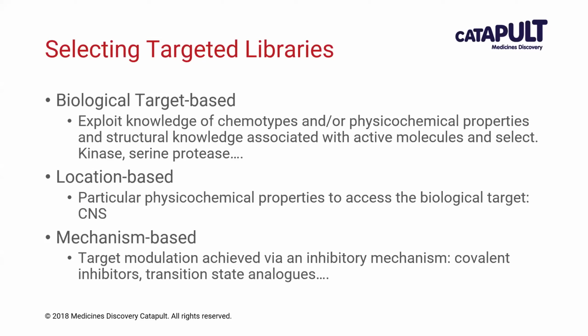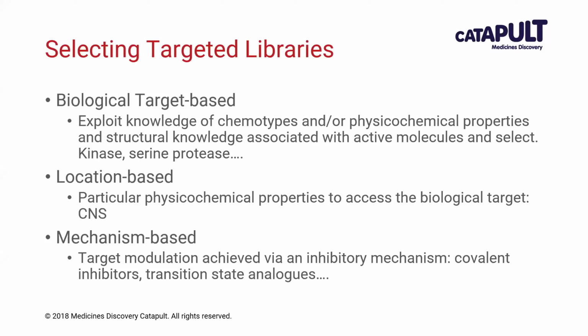You might be after a protein that sits in the CNS, for example, or a particular tissue or location in the body. There might be particular physicochemical properties that you will need to stick to in order to get your molecule into that particular location. Or you might be doing a mechanism-based approach.